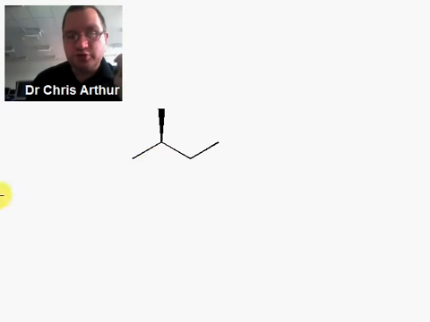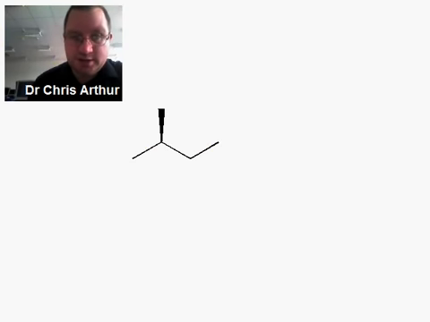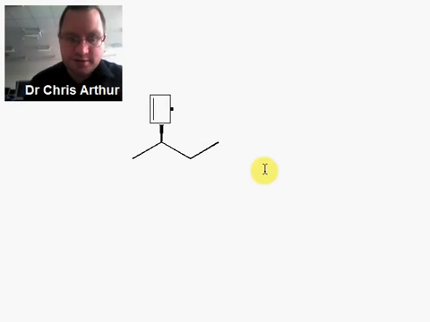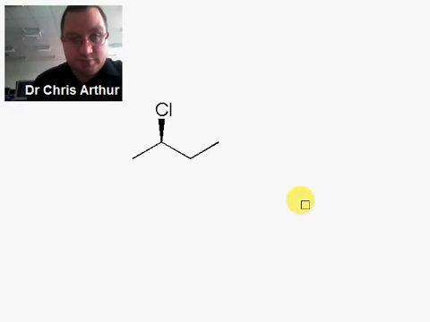The way we show things coming towards us is with a solid wedge. It's a solid bond, and then we can just write the element symbol to that. So solid wedge means something's coming towards us.